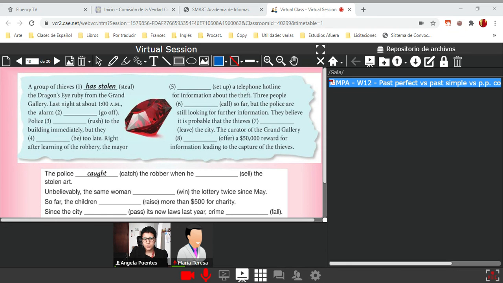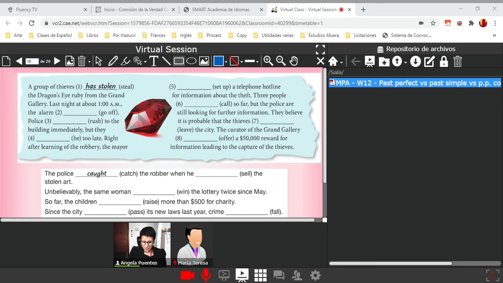Very good. They believe it is probable that the thieves have left the city. Have left the city. The curator of the Grand Gallery has suffered.